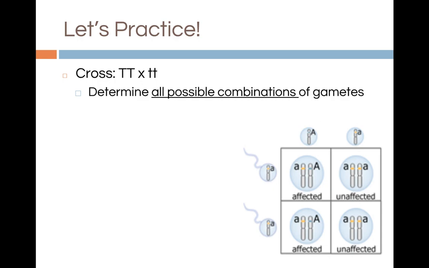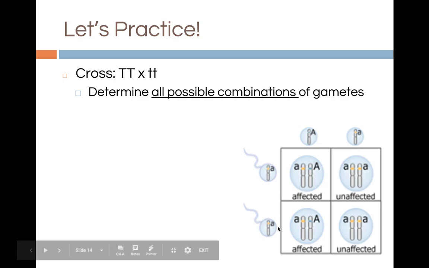And what the Punnett square is actually showing us is that if this sperm meets this egg, this will be the genotype of that offspring. If this sperm meets this egg, this will be the genotype of the offspring. This egg, this sperm, this will be the genotype.